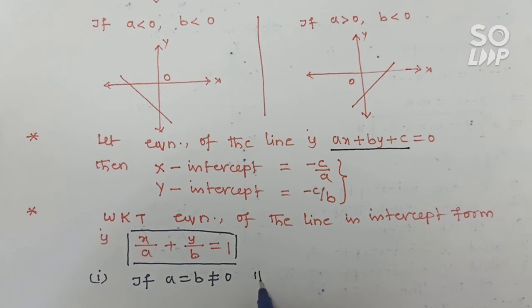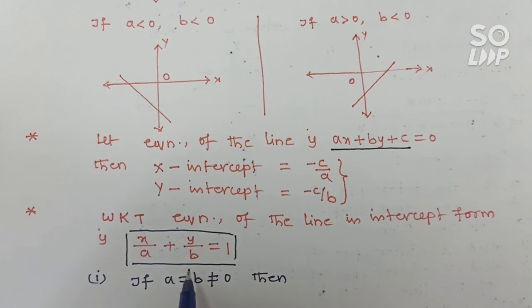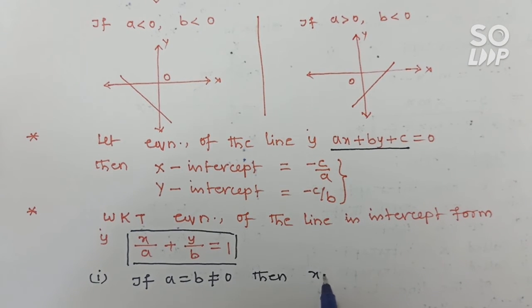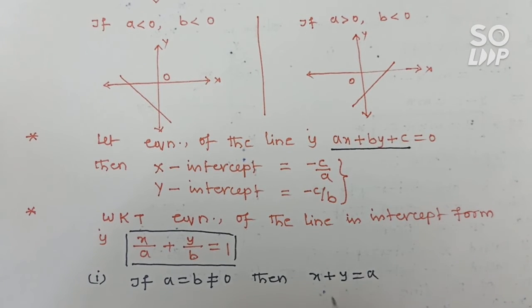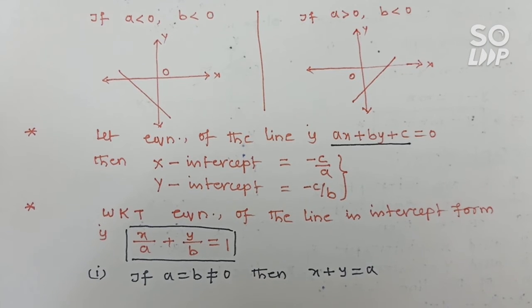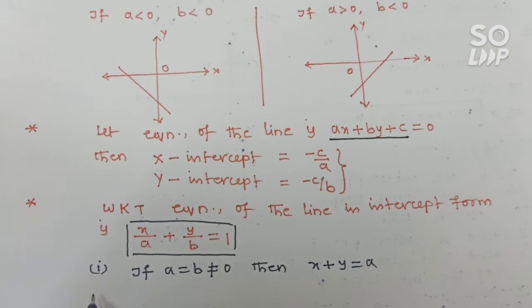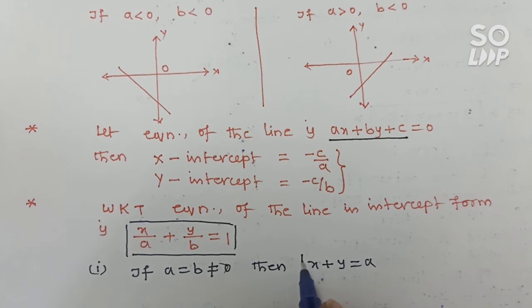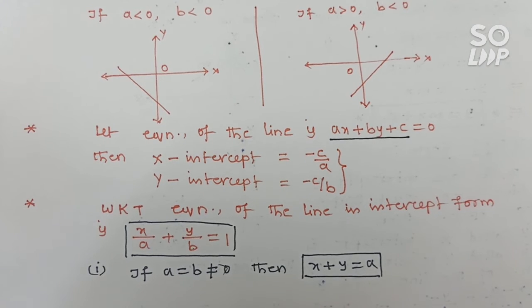Then the equation will be x plus y is equal to a, or x plus y is equal to b. Both are the same. The statement of this is: if the intercepts are non-zero and equal, then the equation of the line will be x plus y is equal to a.